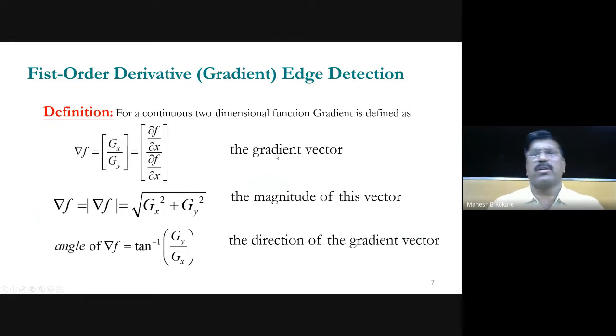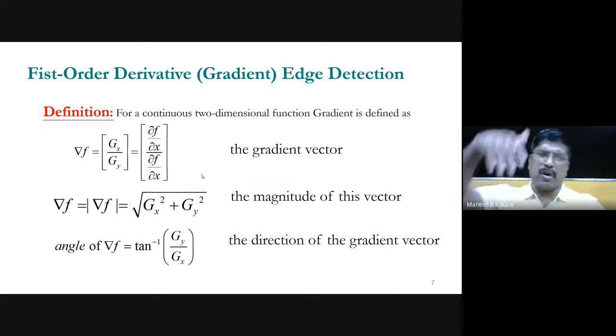And when you have to find the magnitude of that edge, because you will get two images, edges detected in the horizontal direction and edges detected in the vertical direction, finally you have to combine these together, whether you applied the gradient in the x direction or the y direction.